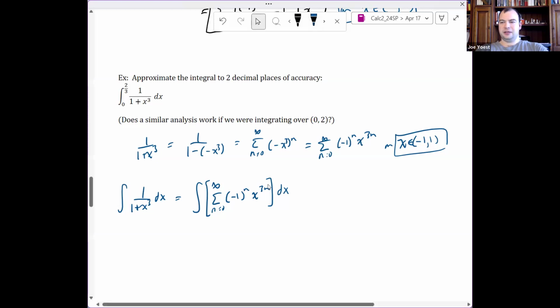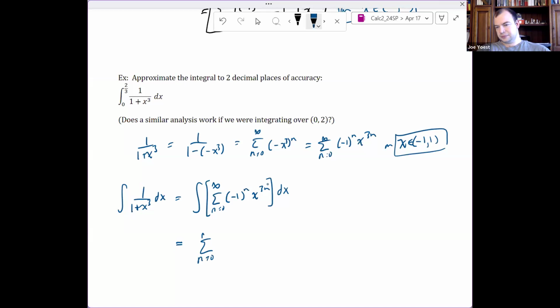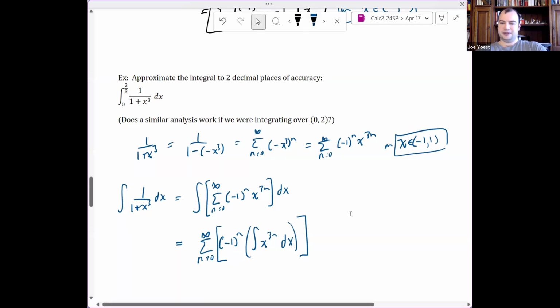If I'm on my interval of convergence, open minus 1 to 1, I can swap the summation and the integral sign. When the integral sign comes in, the minus 1 to the n can come out. So now we have this setup. Put a couple of parentheses and brackets in there to make things clear.